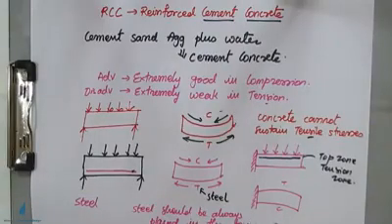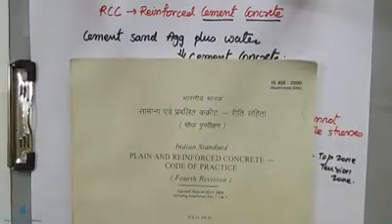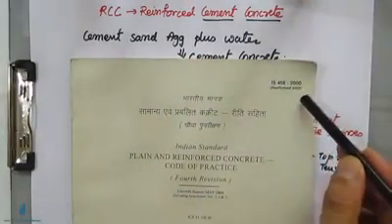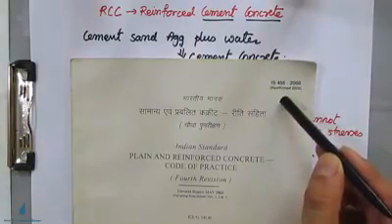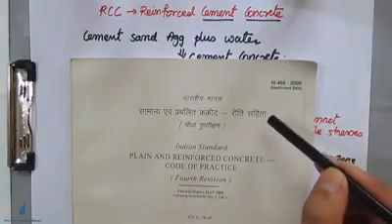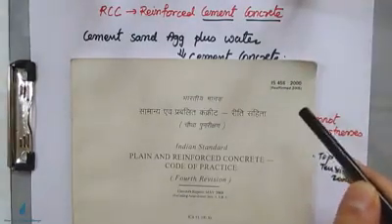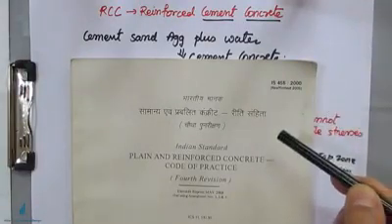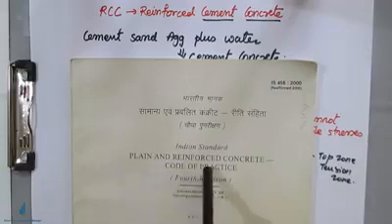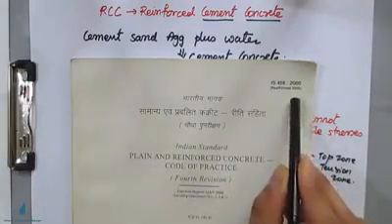For every country there is a different code, but for Indian standards we refer to IS 456-2000, which was reaffirmed in 2005. All the design and analysis will be based on the formulas given in IS 456-2000. So henceforth, for solving problems, we shall use this IS 456-2000 code book, the code of practice for plain and reinforced concrete, reaffirmed in 2005.